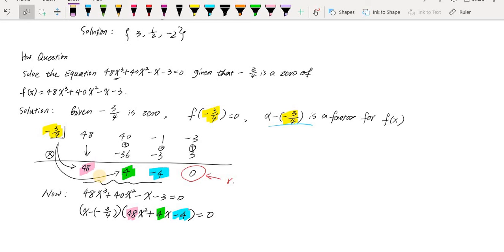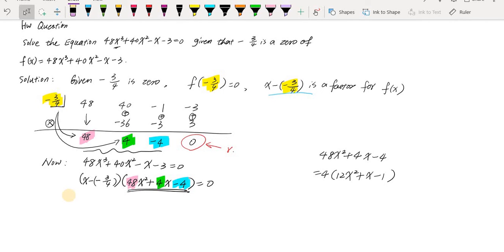Once you have this, because here we have 3 terms, we know how to factor this. Let me simplify this a little bit. I'm going to take a 4 out, and then I'm going to write down 12x squared plus x minus 1 equals 0. I'll just leave that 4 alone. That's just a constant.